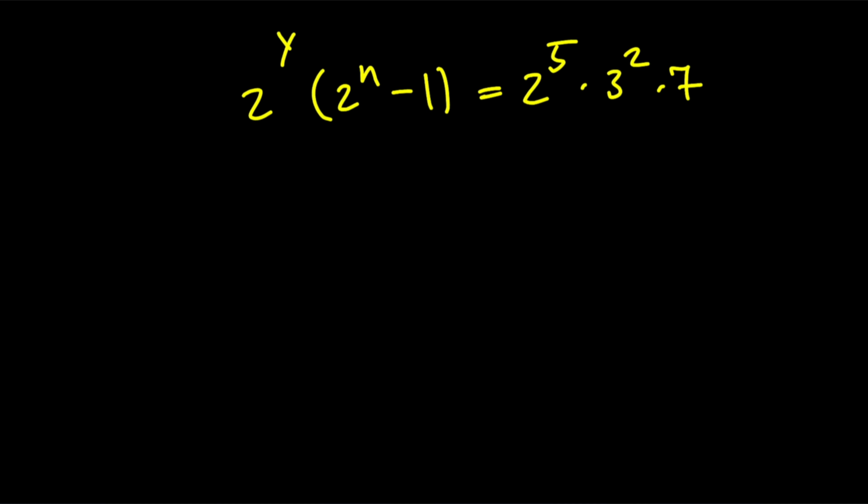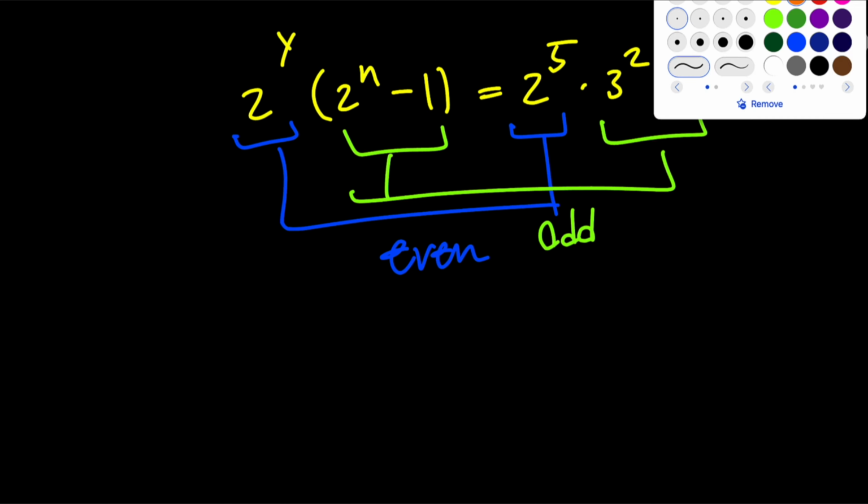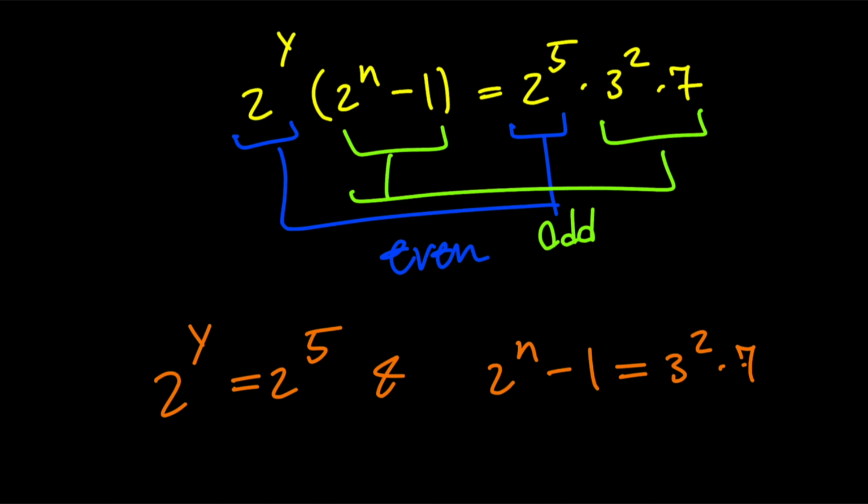But notice that this and this are even, and this and this are odd. So I can say that the even factors are equal, and the same thing goes for the odd factors, which means that 2 to the power of y should equal 2 to the power of 5, and 2 to the power of n minus 1 should equal 3 squared times 7.